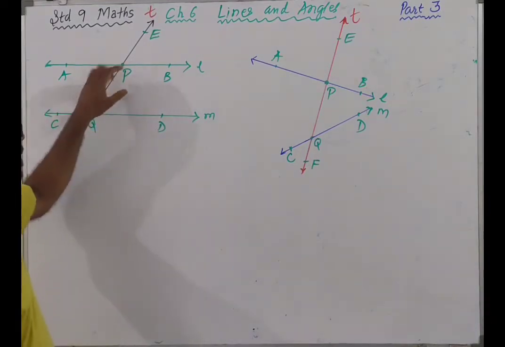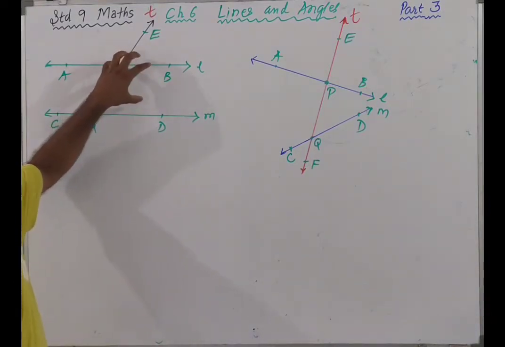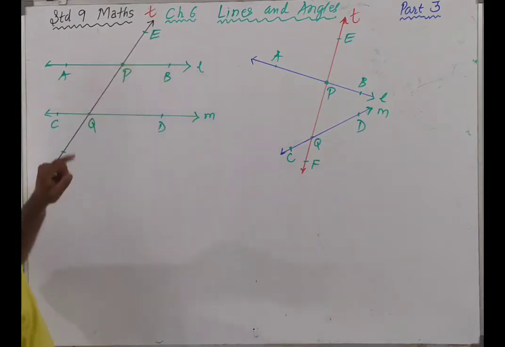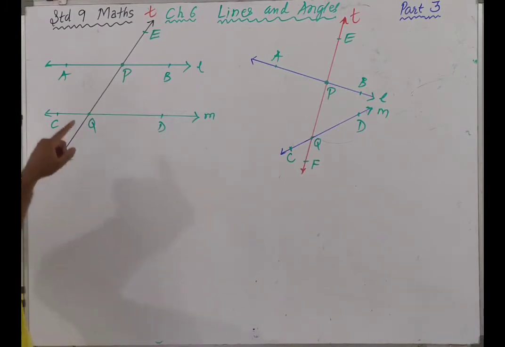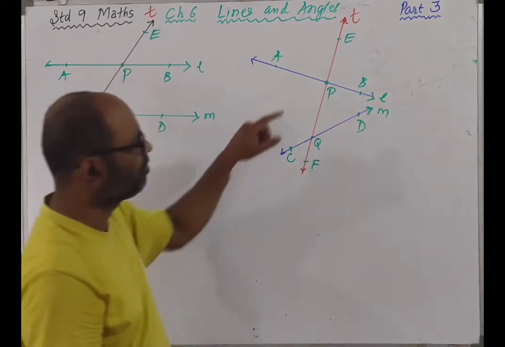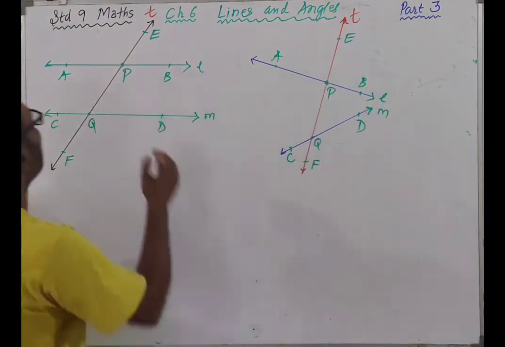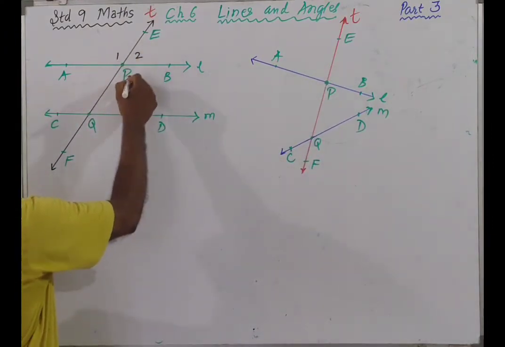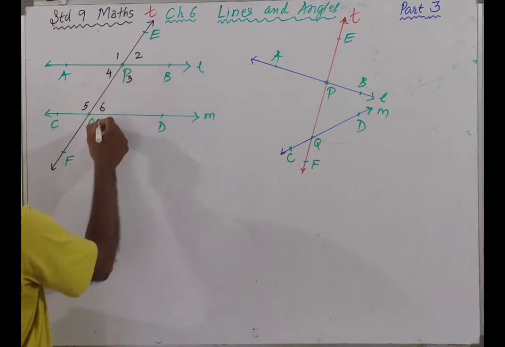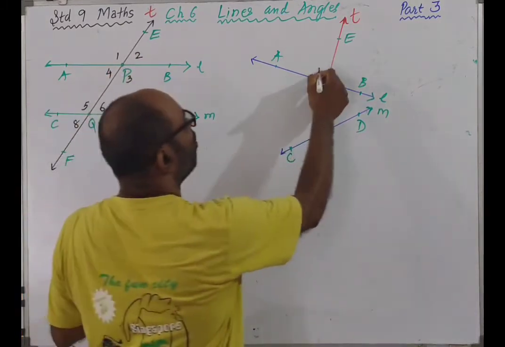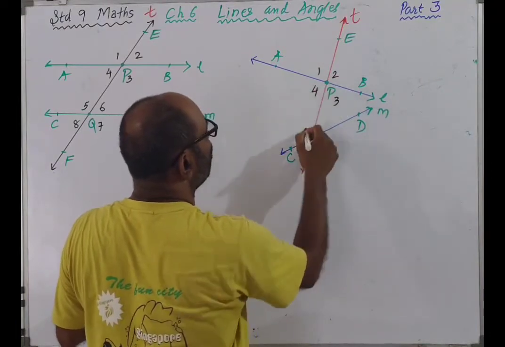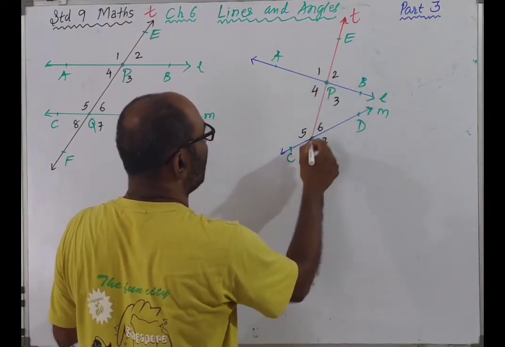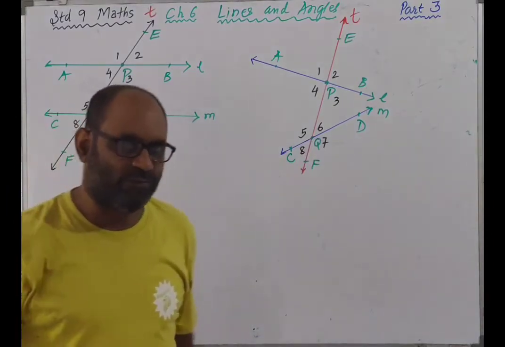Another point of intersection, the black line T and green line M are intersecting at point Q. So here also 4 linear pairs and 2 pairs of vertically opposite angles are formed. Same way, I'll number the angles: 1, 2, 3, 4, 5, 6, 7 and 8. Here also 1 to 8. So totally 8 angles are formed, that we know.